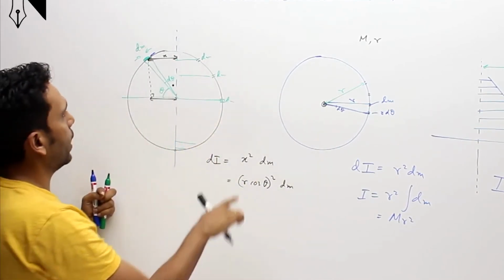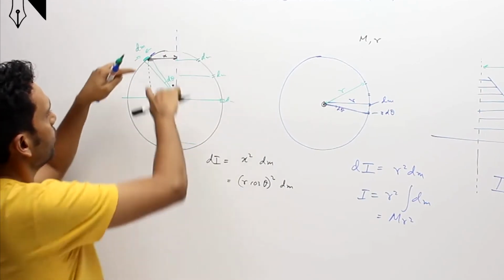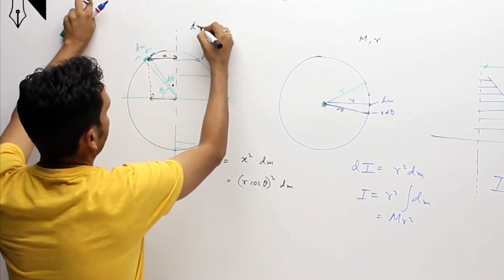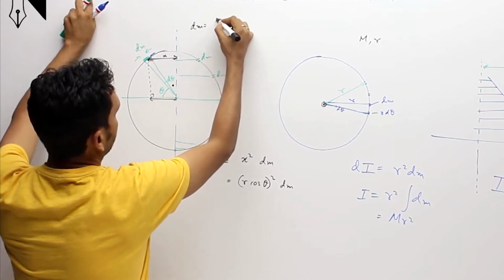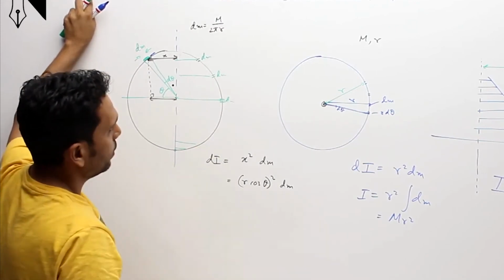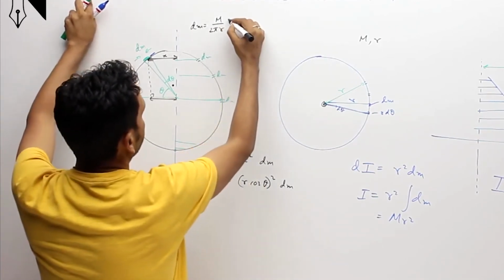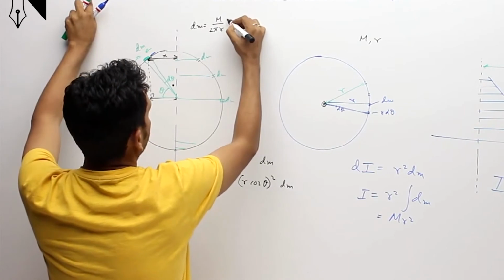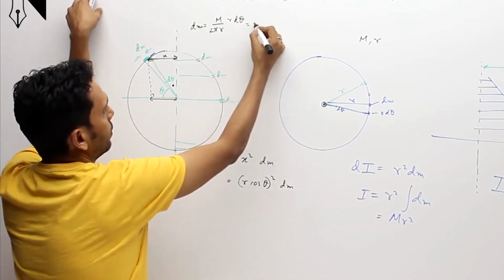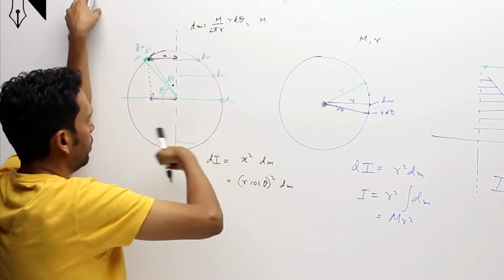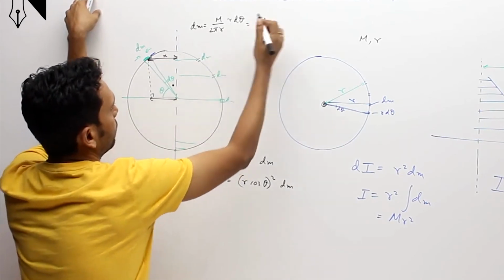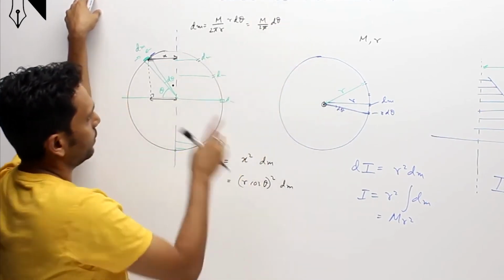Now dm also has to be replaced in terms of theta. So again, using the mass per unit length, we have dm is equal to mass per unit length, total mass divided by total length, 2 pi r is the total length, times the length of this, which is r d theta. You could have also said mass divided by the total angle, which is 2 pi, into that much of angle, that is d theta, is the mass of that part.